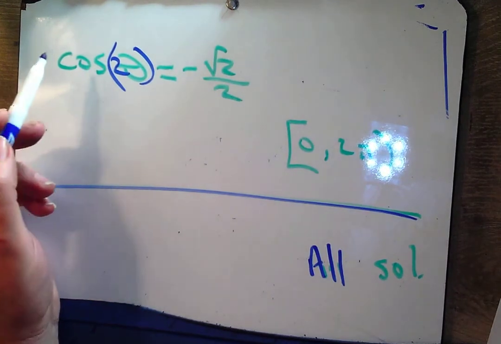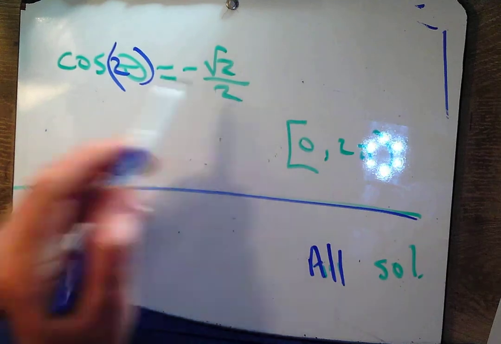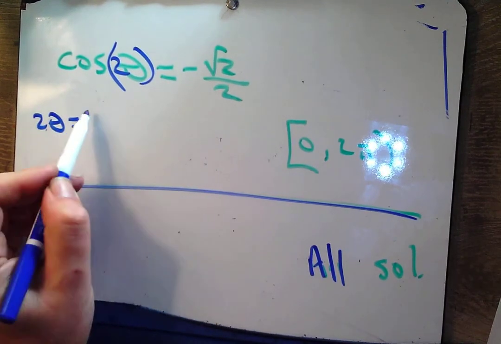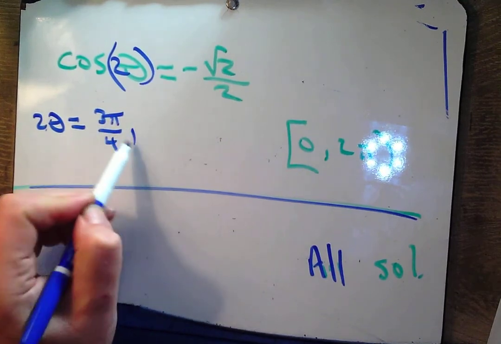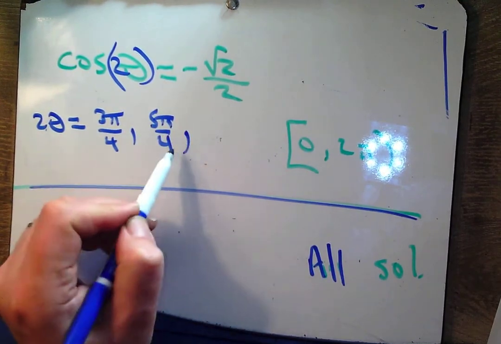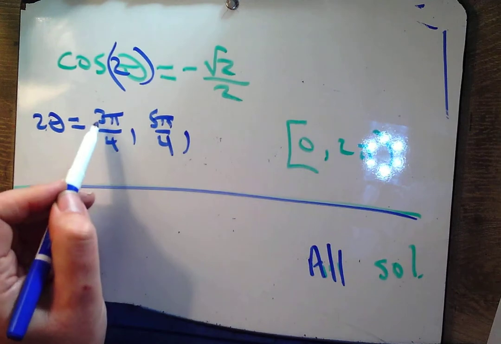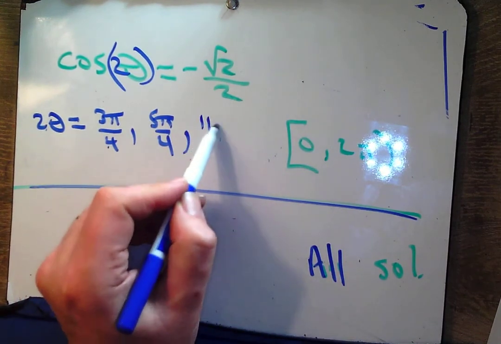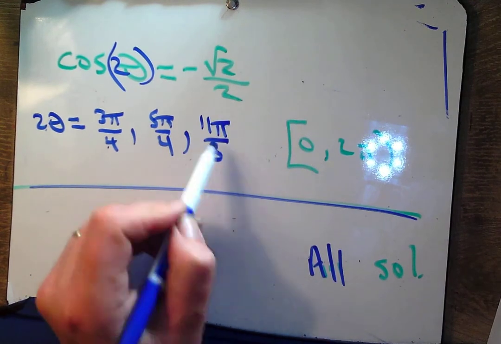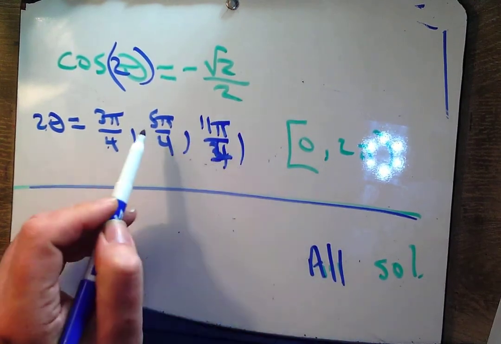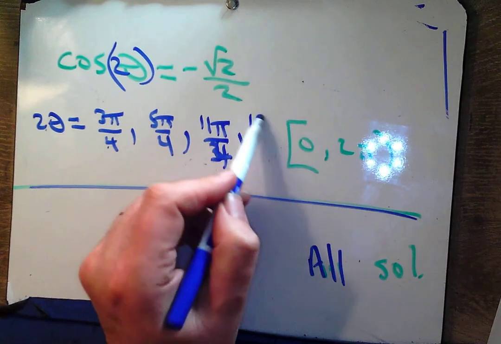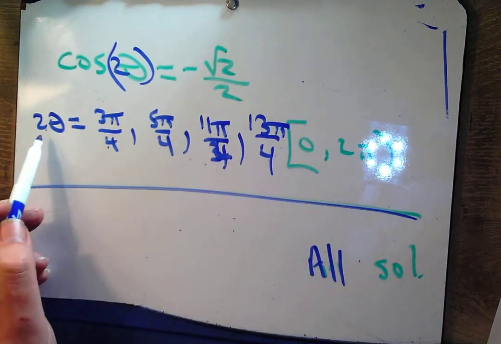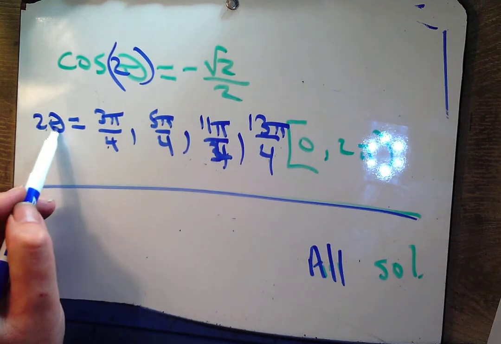Hey, welcome back. So, cosine is equal to negative root 2 over 2. Well, I know that happens at 3 pi over 4 and 5 pi over 4. But I have to go around another time, so I'm going to add 2 pi to this, which is 8 pi over 4. So 8 plus 3 is 11 pi over 4. And if I add 8 pi over 4 here, I'll get 13 pi over 4. These aren't my solutions yet, because that's just what 2 theta is.